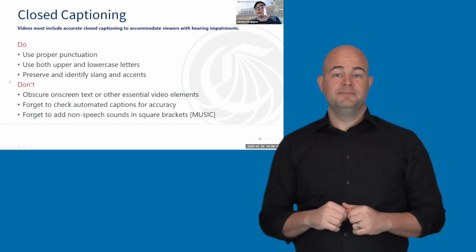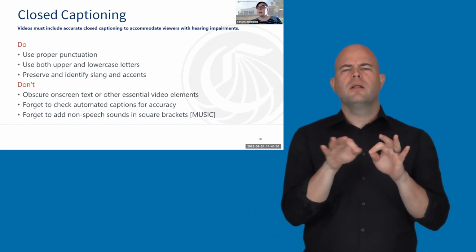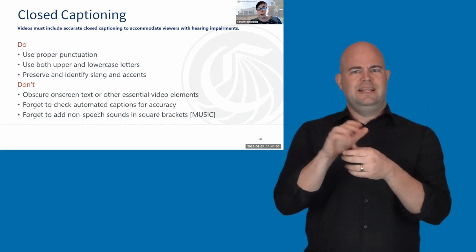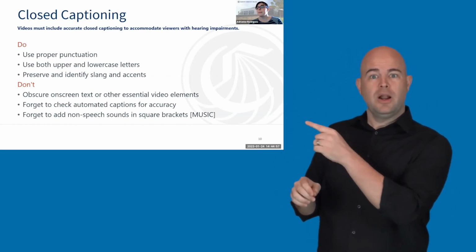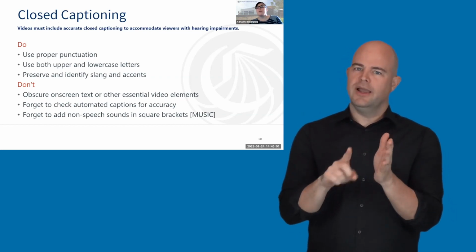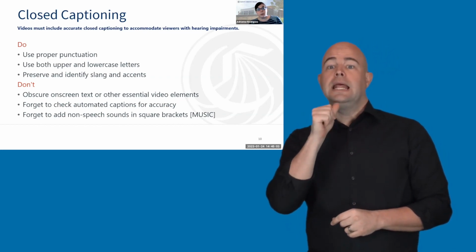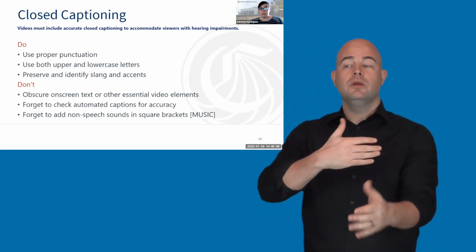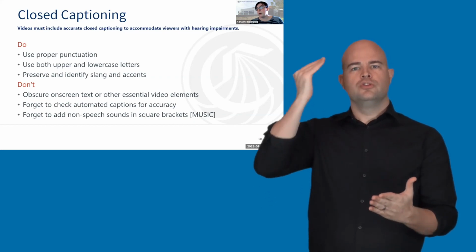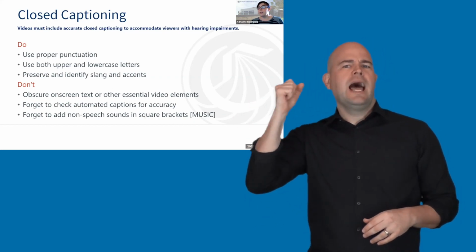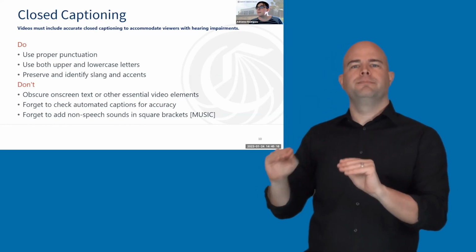You don't want your captions to obscure essential video elements, so you don't want it covering up important information that you've got on your screen. Again, don't forget to check them for accuracy, and also don't forget to add non-speech sounds. So if you've got maybe music that's important that your students know it's there, or laughter, or any sounds that aren't speech, you can include those in square brackets.